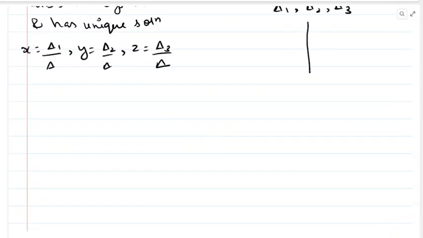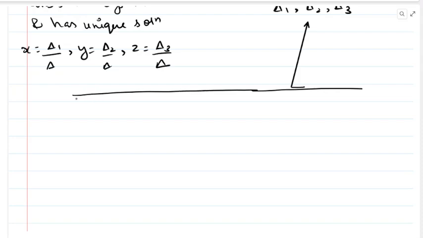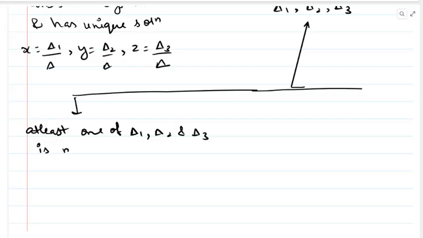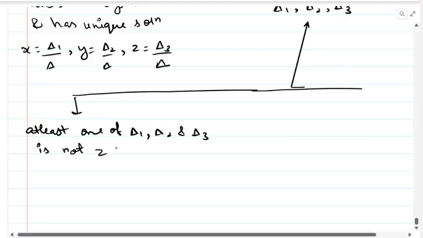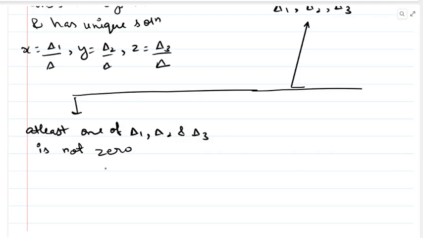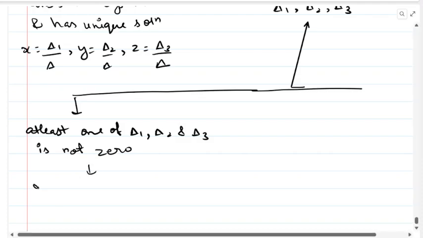In this case, if at least one of del 1, del 2 and del 3 is not 0, then the system is inconsistent.